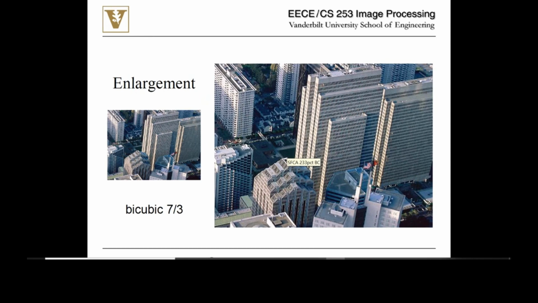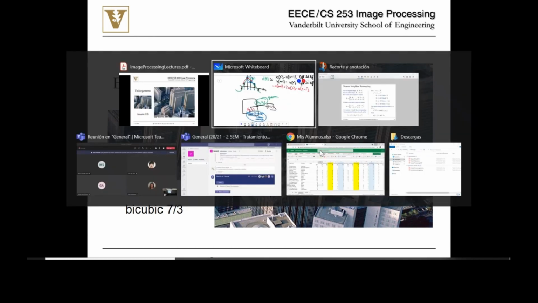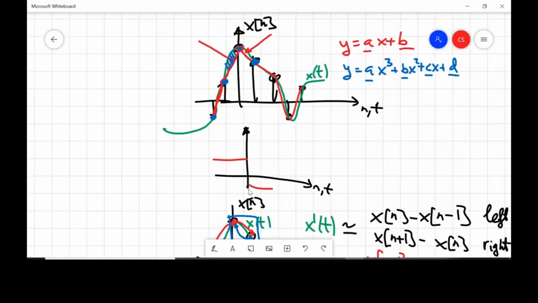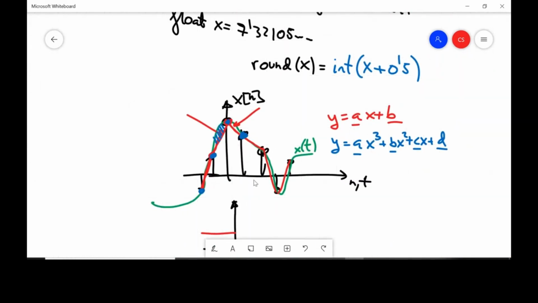And the higher the degree of the polynomial, the better I will approximate the continuous function that is underneath. So this is the main basis from today.